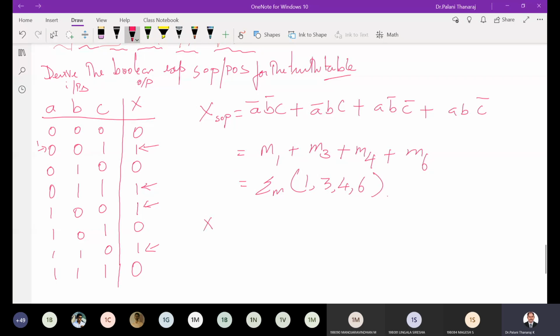XPOS, I gave the trick also. If these values are going to be the minterms, the remaining has to be what? You can write straight away the maxterms in the POS form.